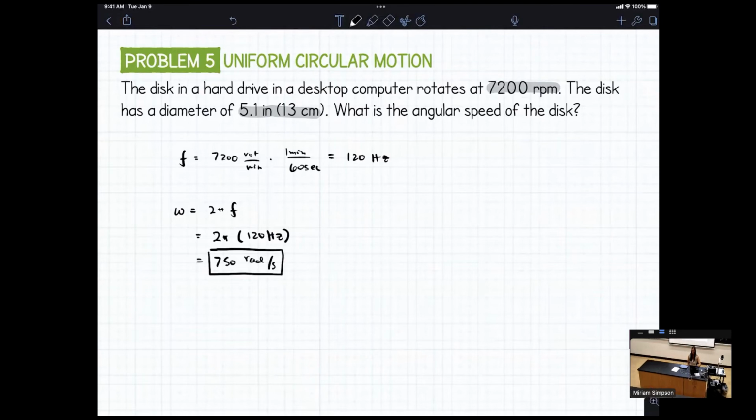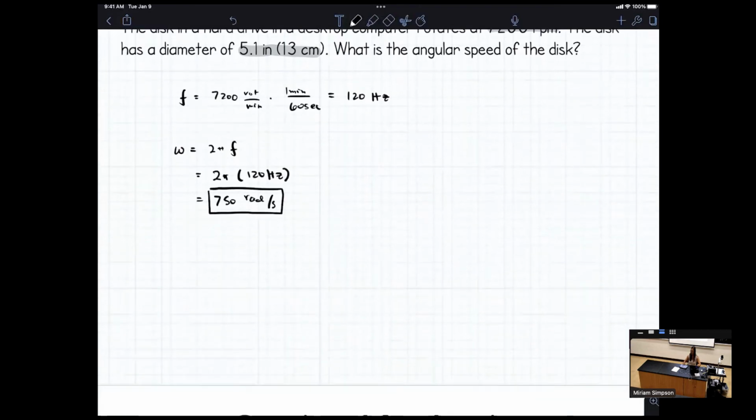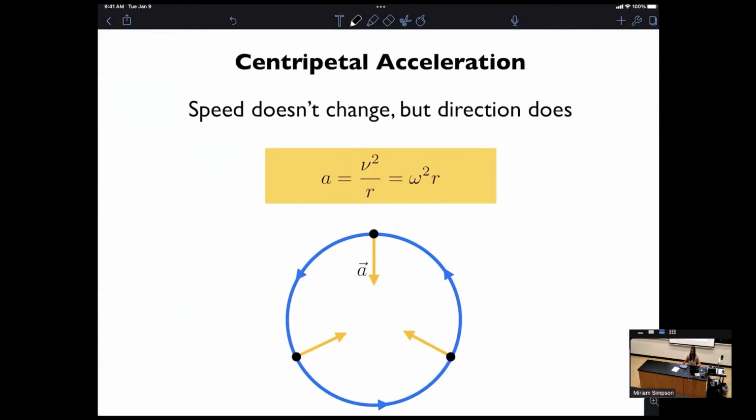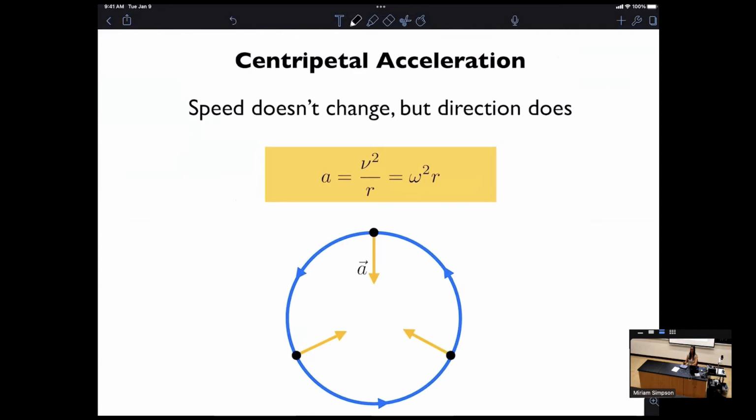Let's then move on to, remember for centripetal acceleration, this is just rewriting our centripetal acceleration to be v squared, right? Speed squared over r. You can also write it as omega squared r. There's just a little bit of algebra here.